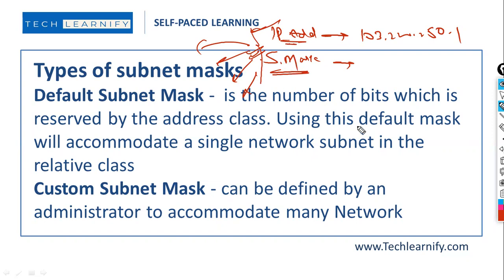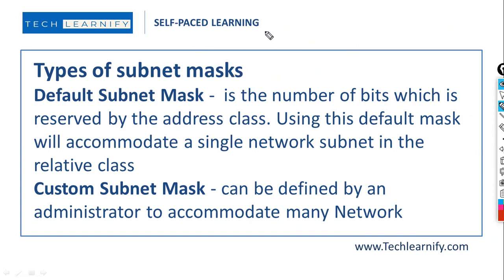But sometimes, even in some devices, we get the option to specify the mask in a different way. And what is the different way? Let me first write down one IP address here.